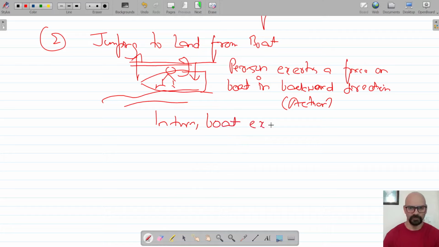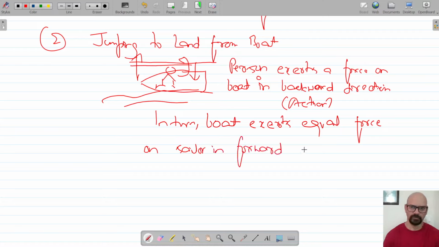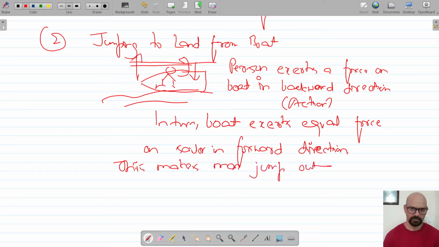In turn, the boat exerts an equal force on the man, let's say the sailor, in the forward direction, and this makes the man jump out of the boat.